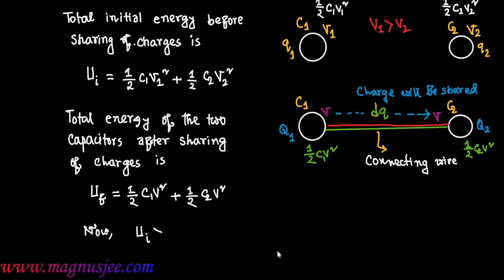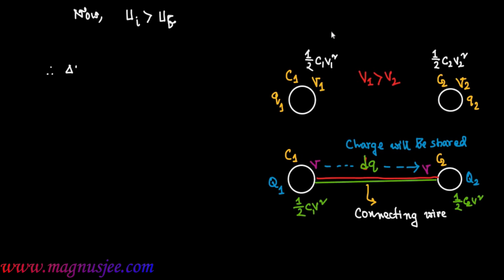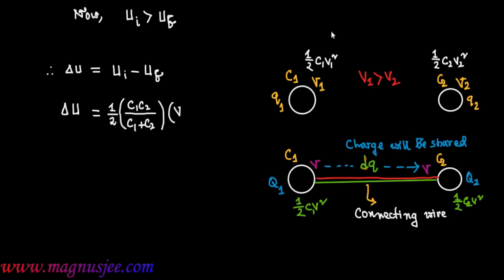Now Ui is greater than UF. Therefore, delta U equals Ui minus UF. Therefore, delta U equals half C1 C2 divided by C1 plus C2, into the bracket V1 minus V2 whole square, that is the square of the difference in voltage.